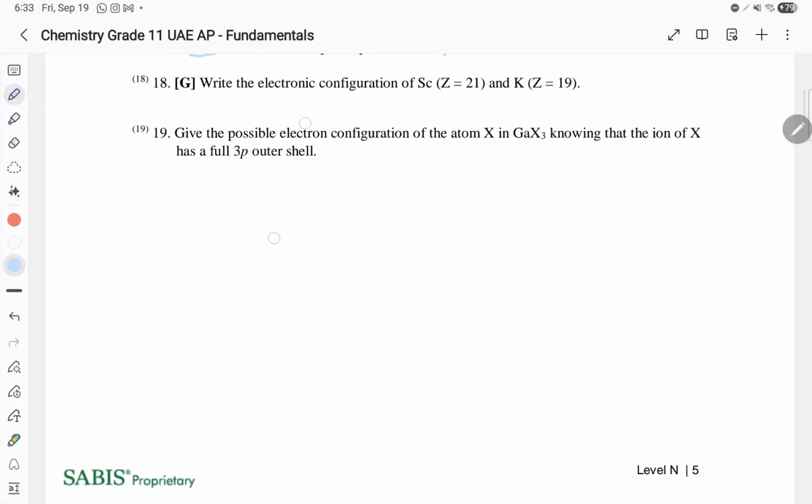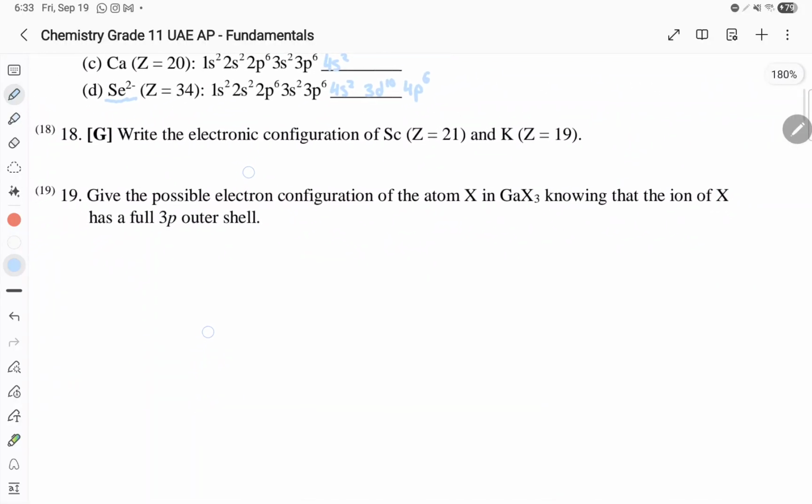Give the possible electronic configuration of an atom X in GaX3, knowing that the ion of X has a full 3p outer shell. What does this mean? They want you to find an element that's GaX3. Let's revert it, uncrisscross it, give them back.